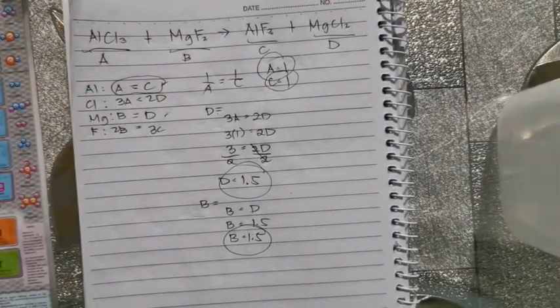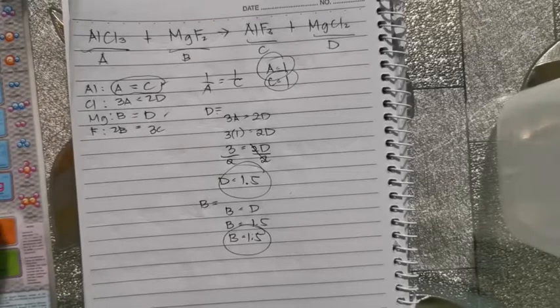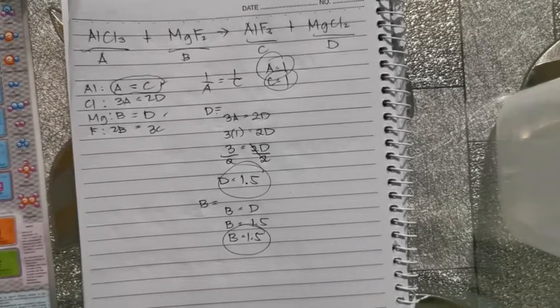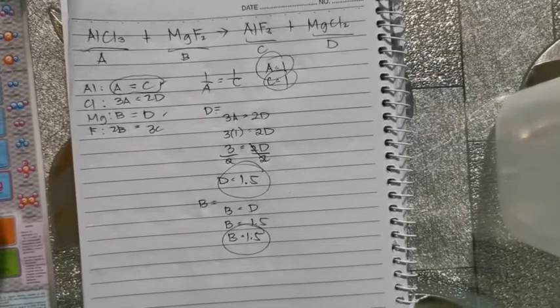Now, in this case, dapat ang ating i-multiply is the lowest value. So, ano ang lowest value na pwede natin i-multiply sa 1.5 para maging whole number siya? We could try 2. So, times 2 lahat.